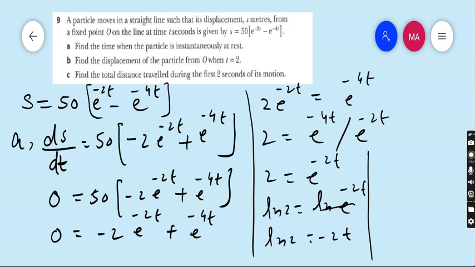Minus 2 e power minus 2t plus e power minus 4t, no mistake. 2 e power minus 2t, no mistake, is equals to e power minus 4t. E power minus 2t is divided, so minus 4t plus 2t is minus 2t. Taking ln on both sides, so it is ln and e cancel, minus 2t is equals to ln 2. Kindly wait, I am checking.